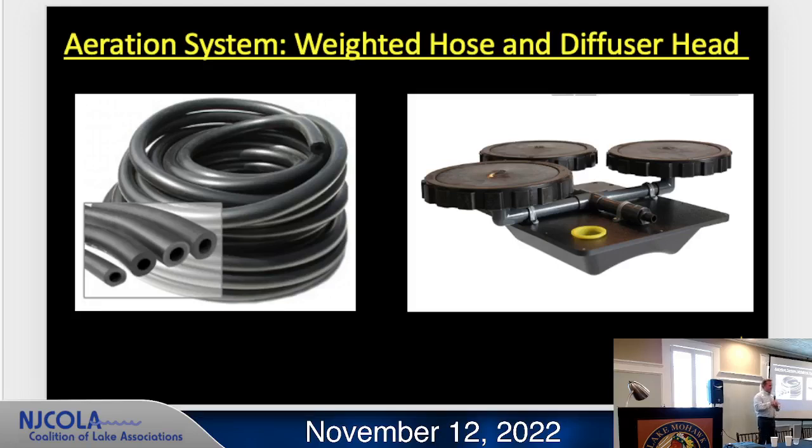Like, well, theoretically. But what happens is, when you lay that diffuser head, there's a fluff layer on top of your muck. So that diffuser head starts to settle down in the top of your muck, and then the sediment starts to cascade over the top as that thing's settling in. You're literally throwing up your sediment.